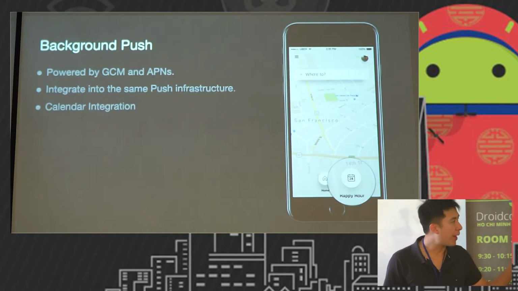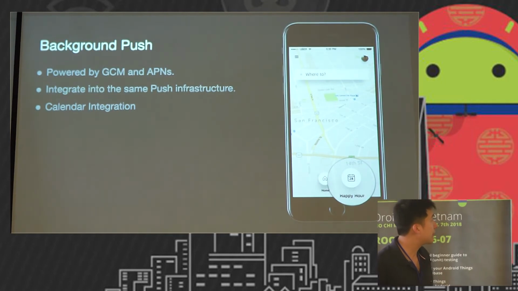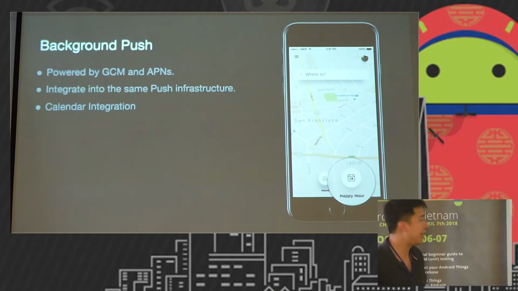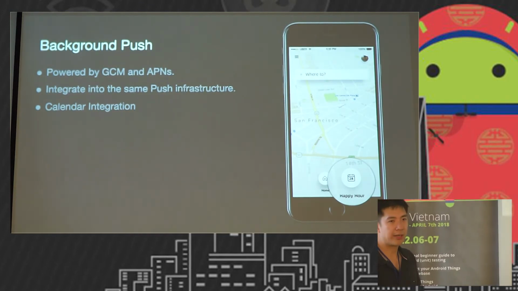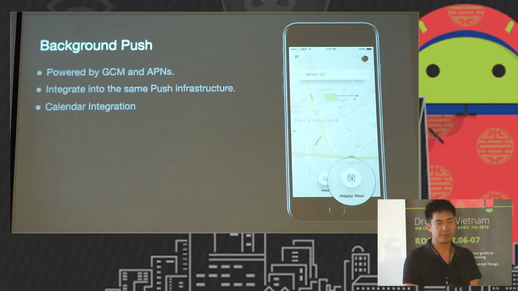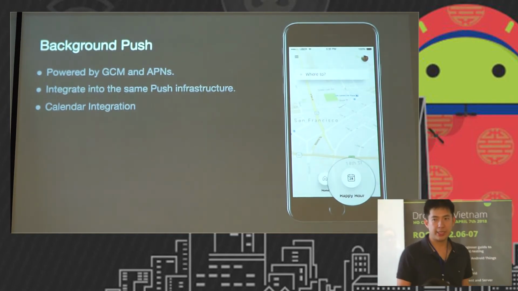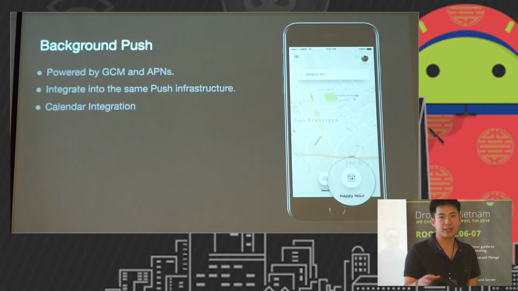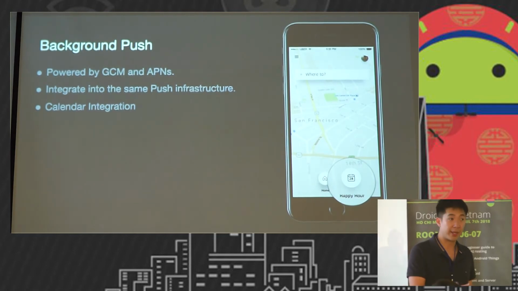There is one very fun use case that we built for this particular feature, called calendar integration. In the Uber app, there is a feature called calendar integration, where if you integrate the Uber app with your calendar, we index all the events that you're going to next, and we know when you're most likely to order an Uber for the next event.